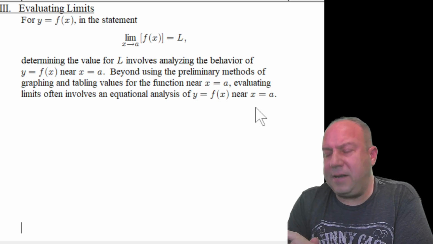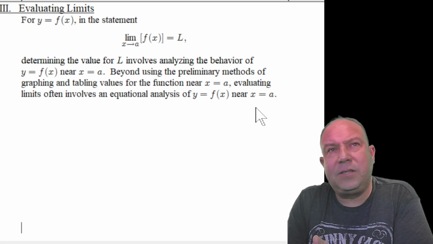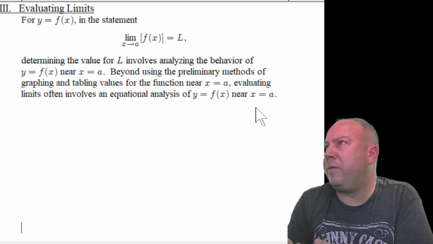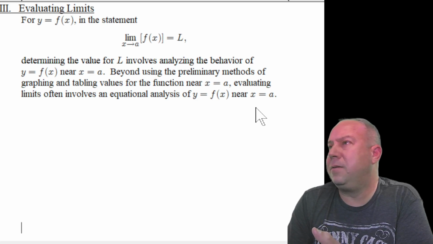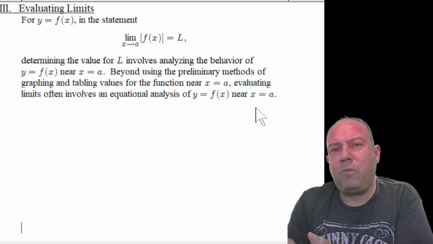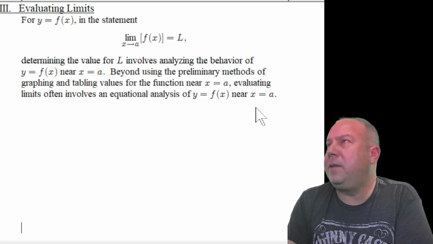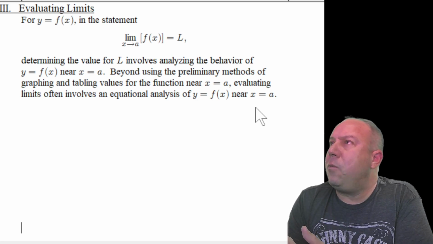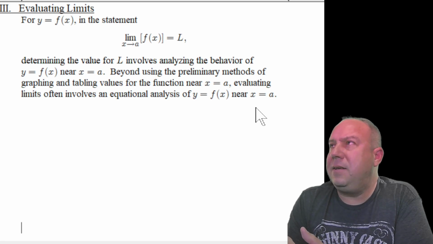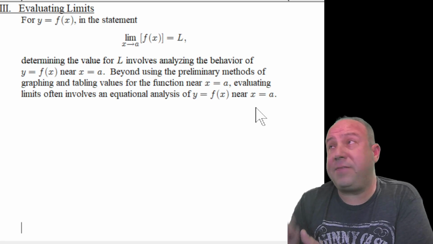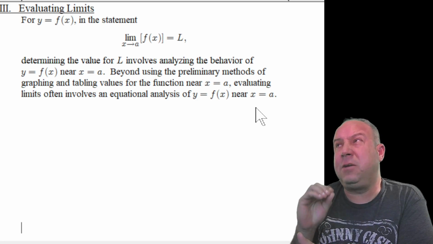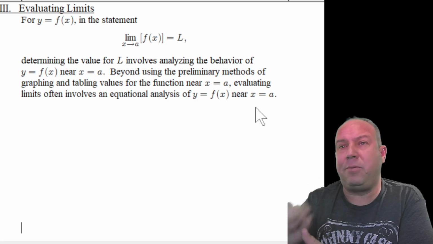What we're going to find out is that continuity is going to play a big role in the value of our limits. In order to be continuous at a point, the value of the limit at that point is also going to have to equal the dependent value at that point.